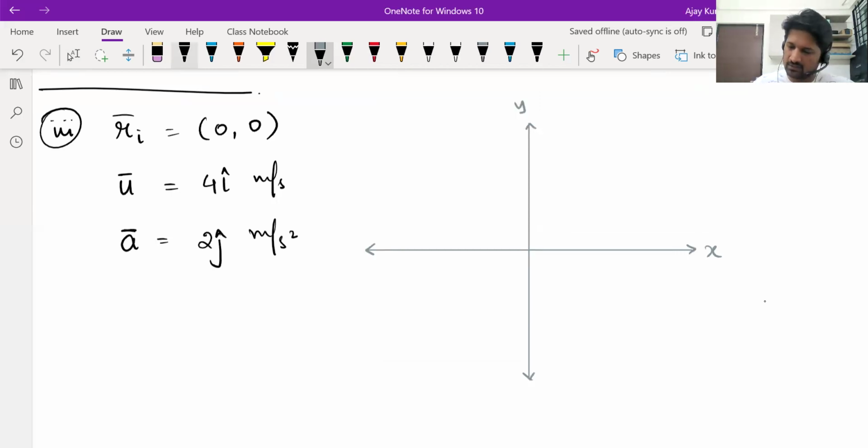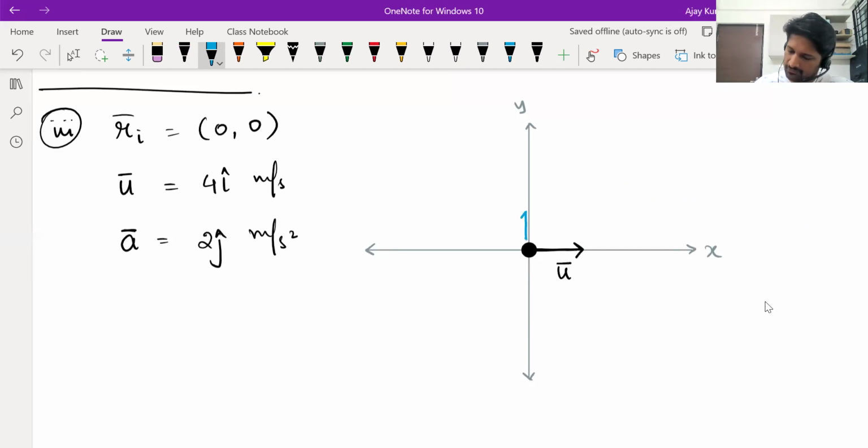So the object is at the origin and it is moving in the positive x direction. At least at that position, when it was at the origin, it was directed that way. 2 j cap is in which direction? Positive y direction. Means the acceleration is this way.